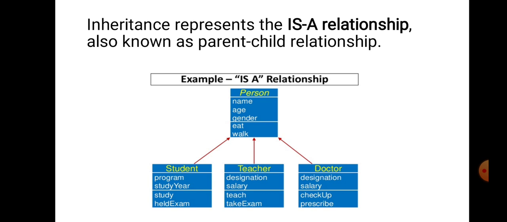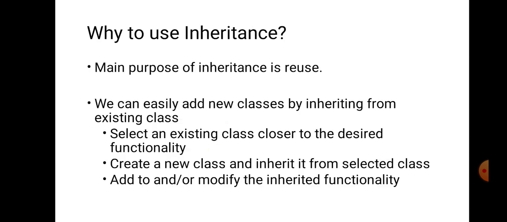So instead of writing the code again and again, we are only reusing the code which is already present in a base class, that is the person class, and we are inheriting the features of the base class into a derived class, and whatever new functionalities there are, we add them to the respective classes. So this is the concept of inheritance.